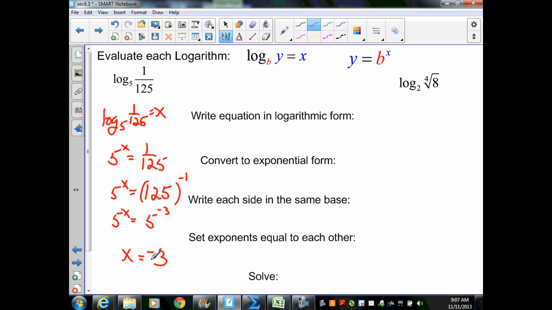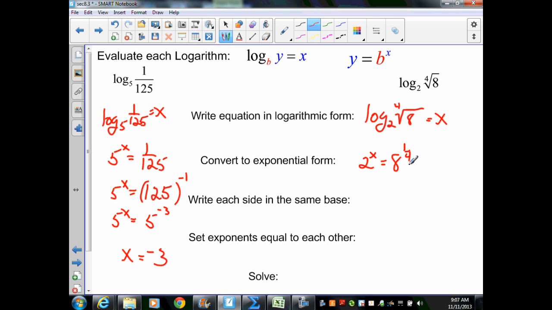X equals -3. I'm going to have log base 2 of the 4th root of 8 equals x. Write that in exponential form, which is 2 to the x equals, and then I can convert this to 8 to the 1/4 power.